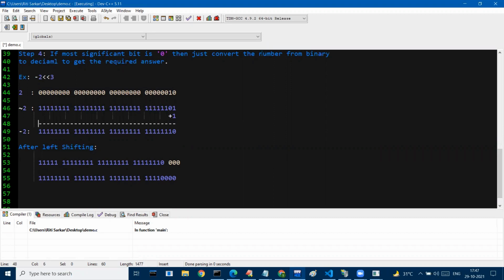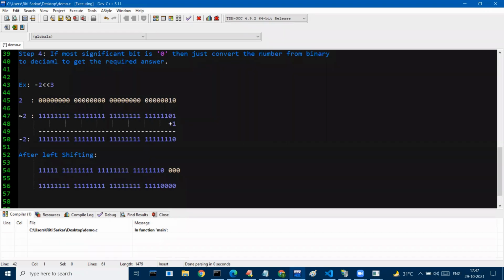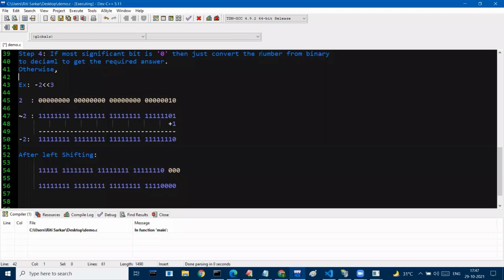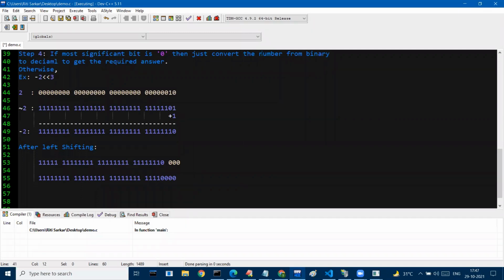Otherwise, that means if the most significant bit is not 0, leaving the most significant bit, we are not going to consider it. Why? Because the most significant bit is for the signed representation.